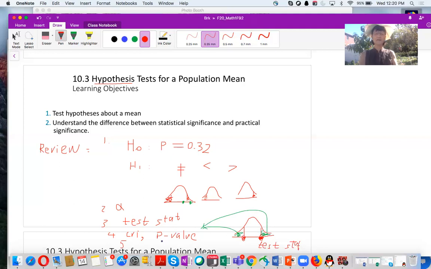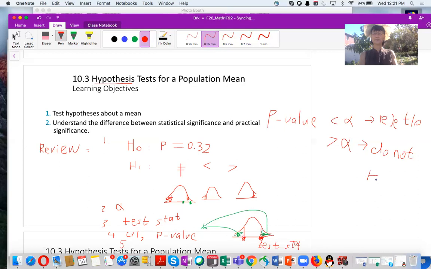Once you calculate p-value, you compare p-value with alpha. When p-value is smaller than alpha, you reject H0. And when p-value is greater than alpha, you fail to reject, you do not reject H0. So that is the p-value approach.